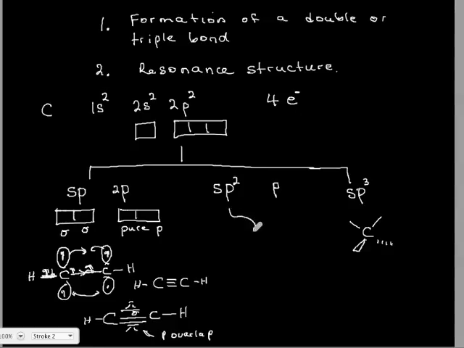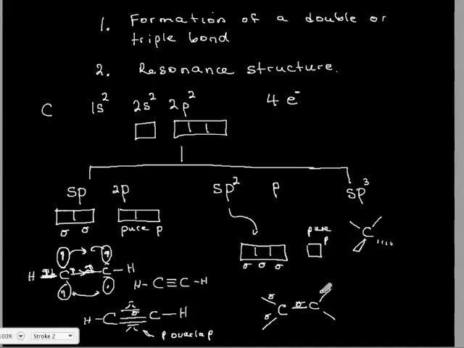I now want to talk about the sp2 hybridization. And here, the hybrid orbital is a total of 3. So this carbon is capable of 3 sigma bonds, and the 1 p that is pure p remains unhybridized. Now let's imagine a carbon with sp2 hybridization forming a sigma bond with another carbon which underwent the same hybridization, and this time each of the carbons will form 2 sigma bonds with something else.